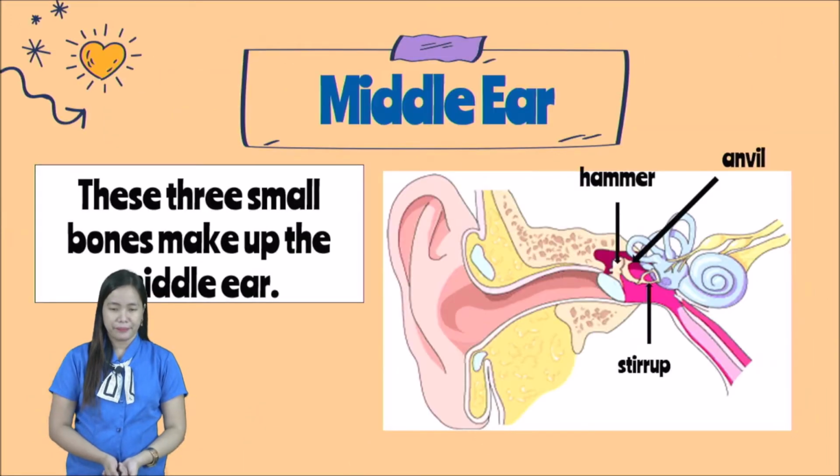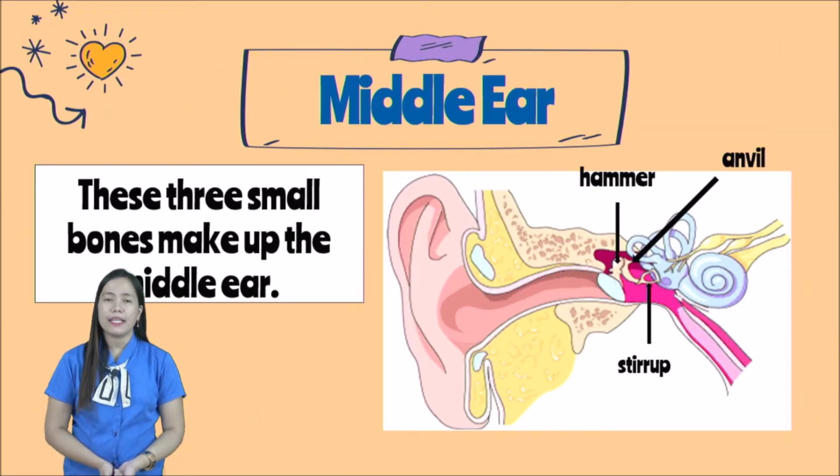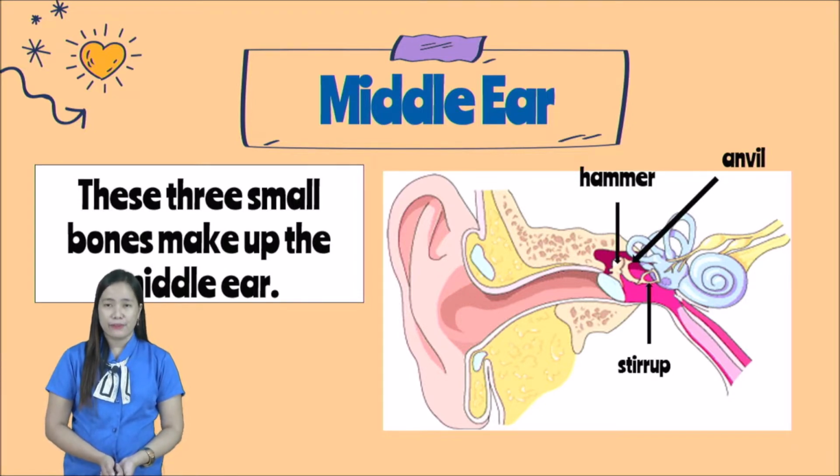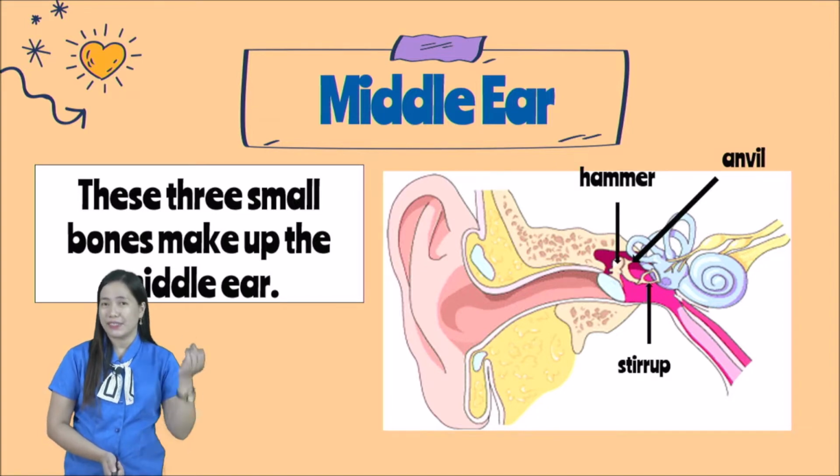Next, we have the middle ear. The middle ear has three small bones. These are the hammer, anvil, and stirrup. Again, can you repeat the three small bones in your middle ear?